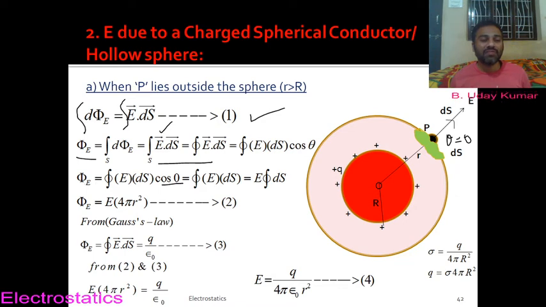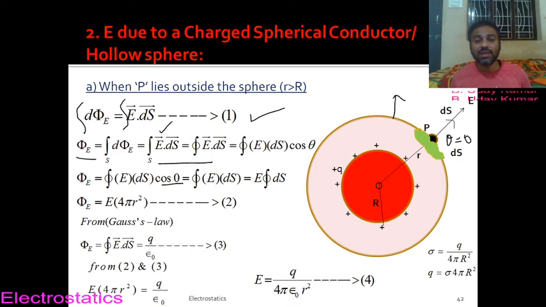So I can write phi E as integral E ds cos theta, which becomes cos 0, but you know that cos 0 is 1. Since cos 0 is 1, you just substitute 1. If you substitute 1, you get integral E ds, where E is constant now, because E is the magnitude of electric field intensity, which is constant, because the Gaussian sphere that we have constructed here is a symmetrical one.